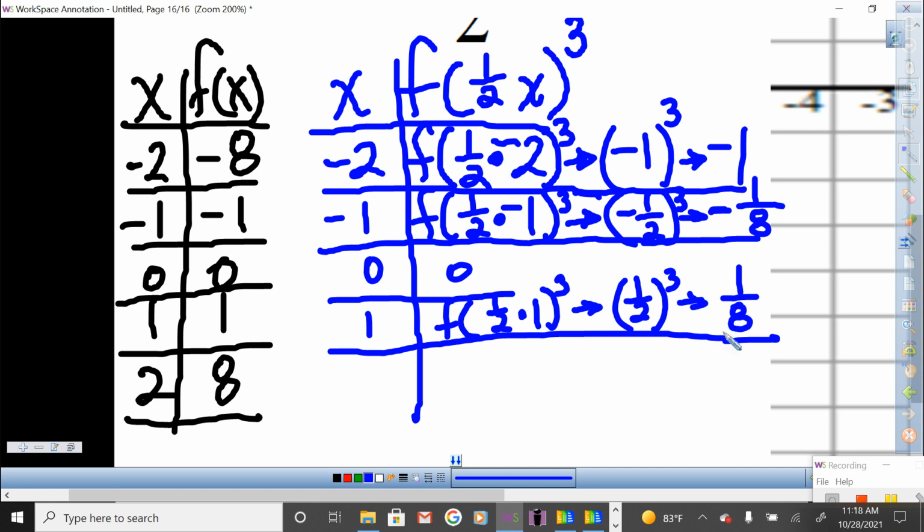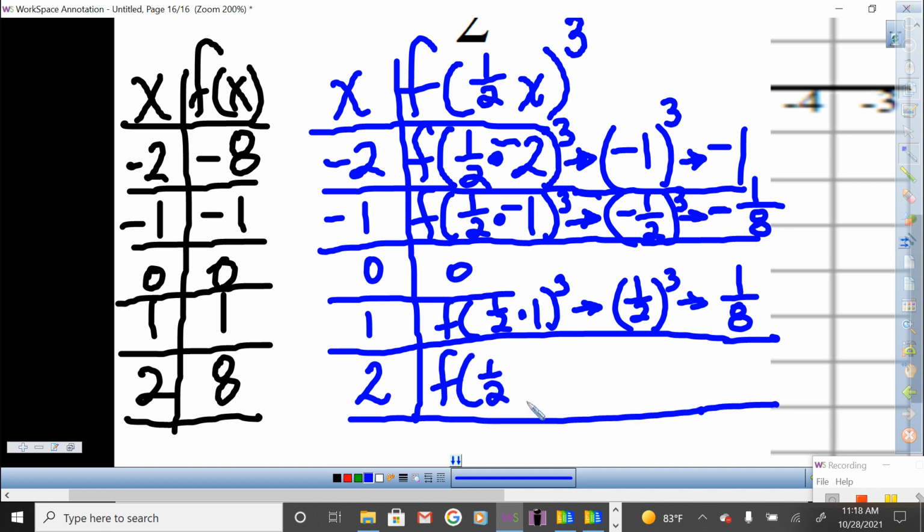Yes. And the last one, 2. We got f(1/2 times 2) cubed, which is 1 cubed, which is what? Okay? Alright. So we're going to graph using these values.